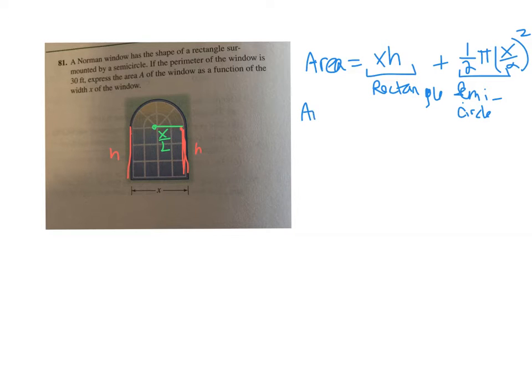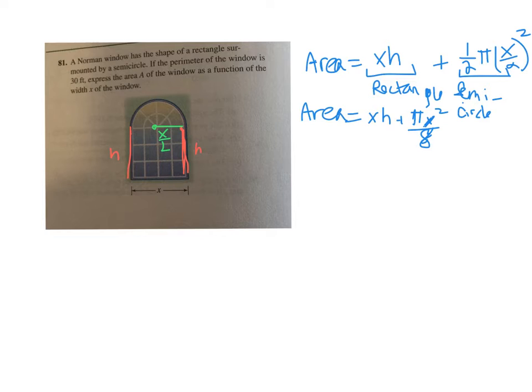So I get area equals xh plus pi x squared over 8. Don't forget to square that 2 on the bottom. So this is my area.